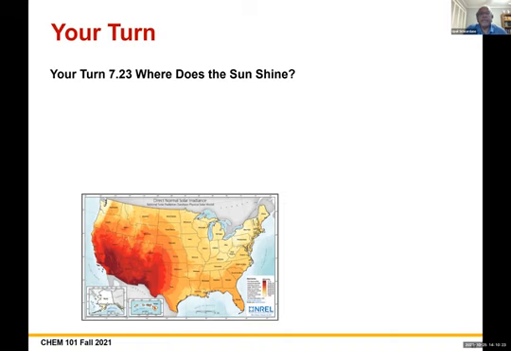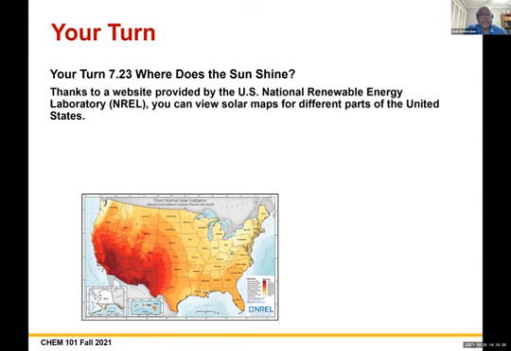So why is more sunlight reaching these states? This map is from NREL, the National Renewable Energy Laboratory.